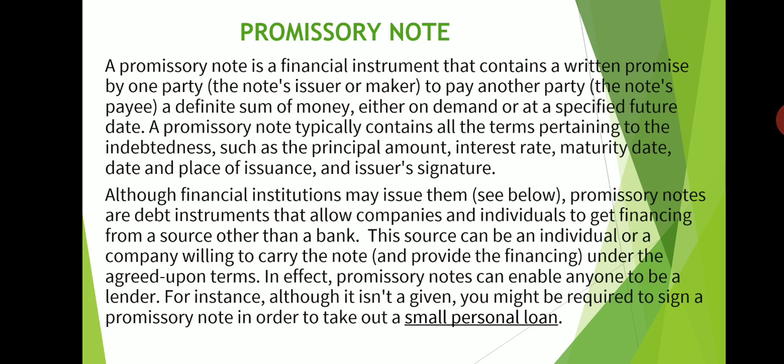It is an instrument through which payment is possible from one person to another, and in this payment the bank will become the guarantor. Means the bank is going to check the authentication of the creditworthiness of that party.